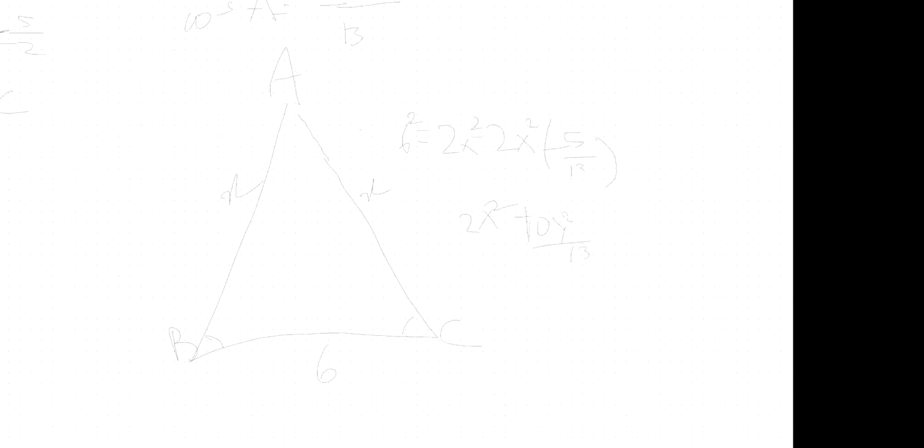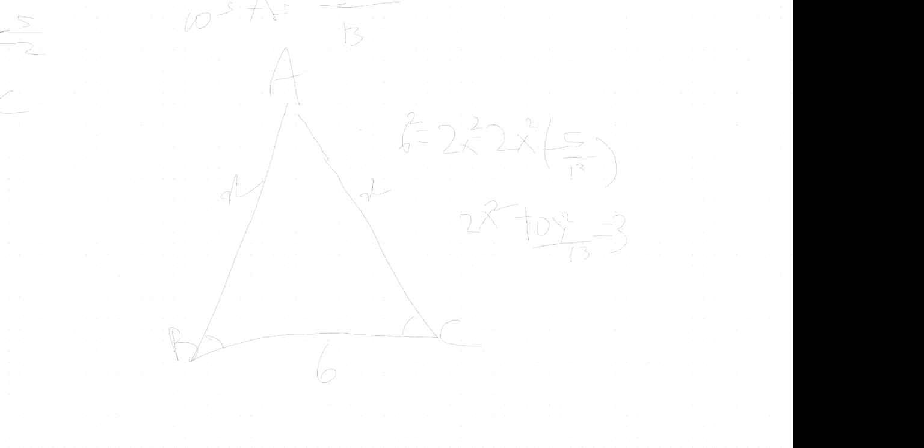So 6 squared is equal to 2x squared minus 2x squared times negative 5/13. So 2x squared plus 10x squared over 13 is equal to 36.